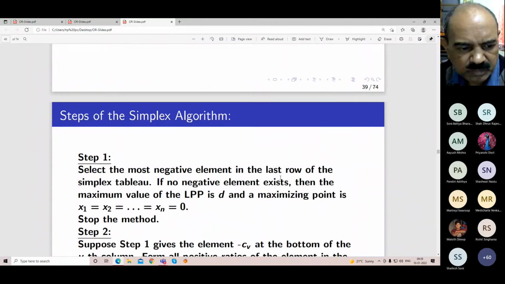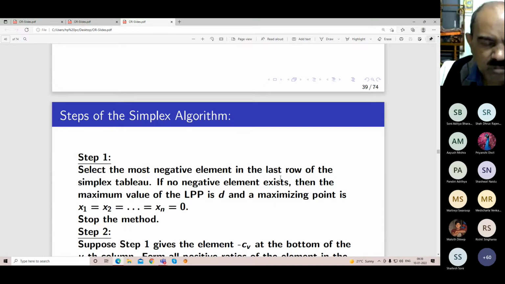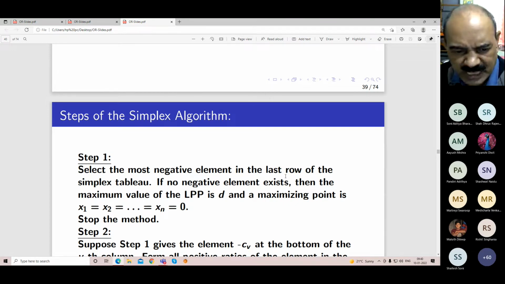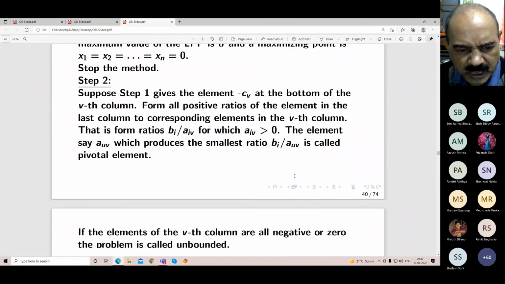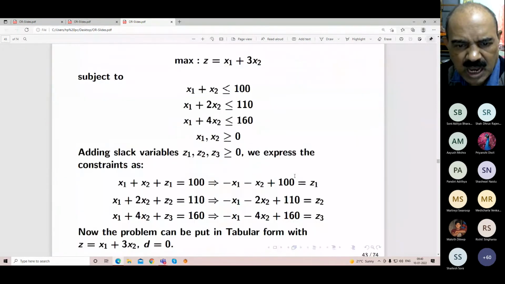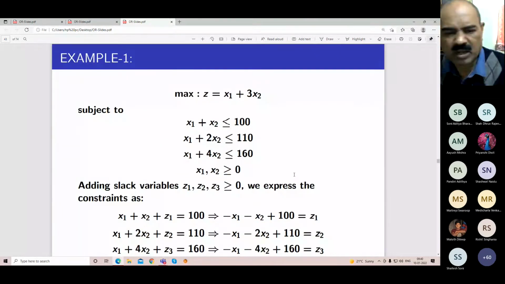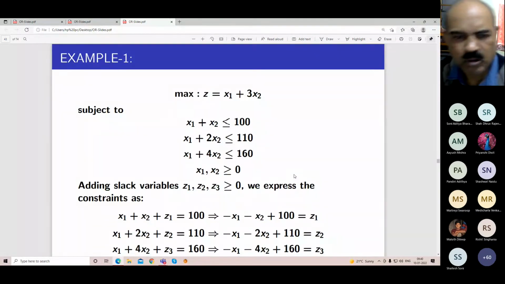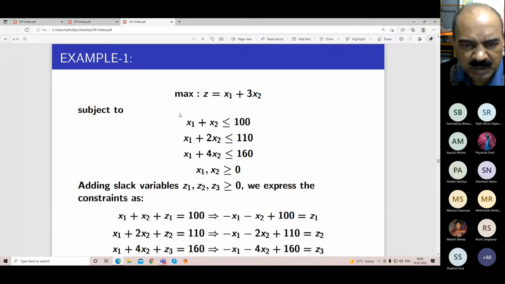I will mention the steps of the simplex table, or simplex algorithm. Before showing the algorithm, I am just mentioning a small example. This is the problem you can see here.